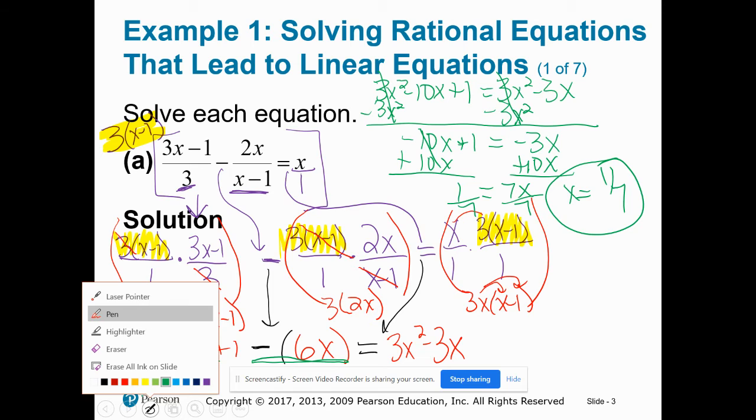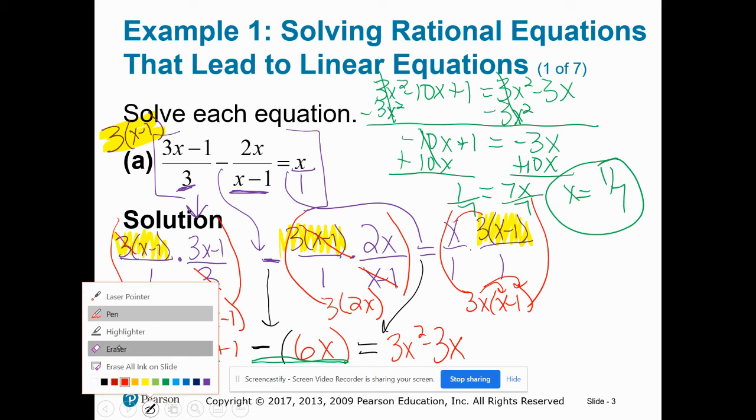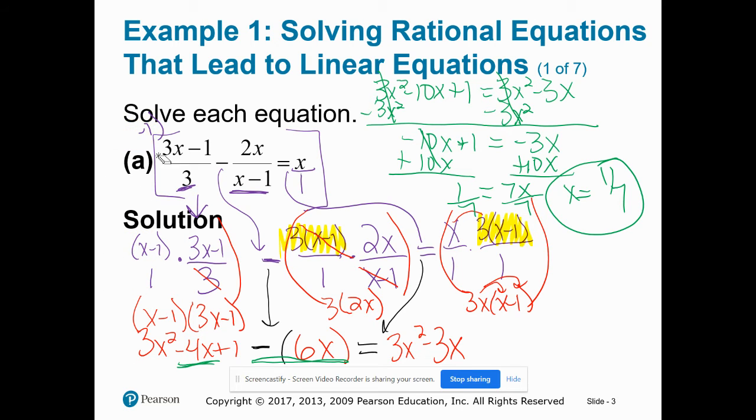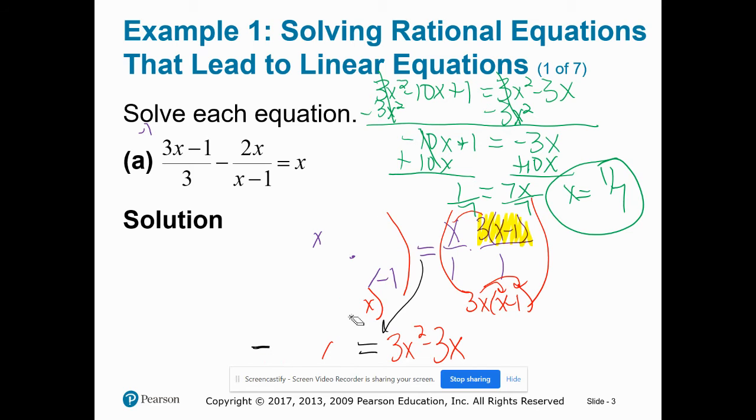Now, before I can say that's my answer, we have to go back to our original problem and find our excluded values. So I'm going to erase all this stuff over here. Remember, we can only have excluded values or restrictions from the denominators that have a variable. And so as I'm looking at what we have here, 3 does not have a variable, so I don't have to worry about that.